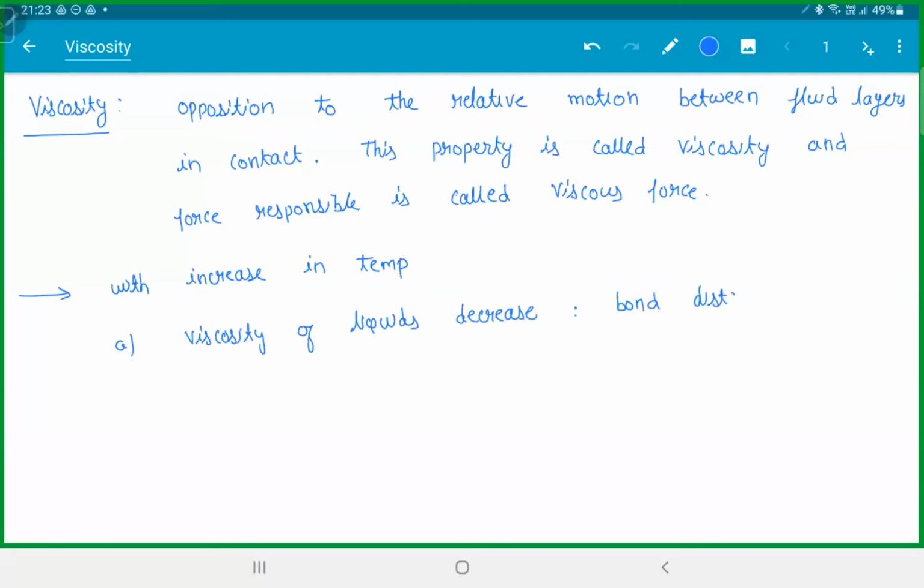Whenever the liquids expand, the molecules go a little far, and molecular interactions decrease.